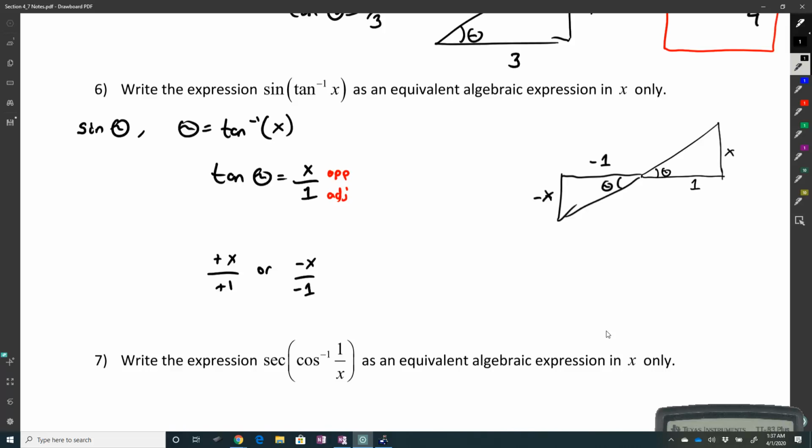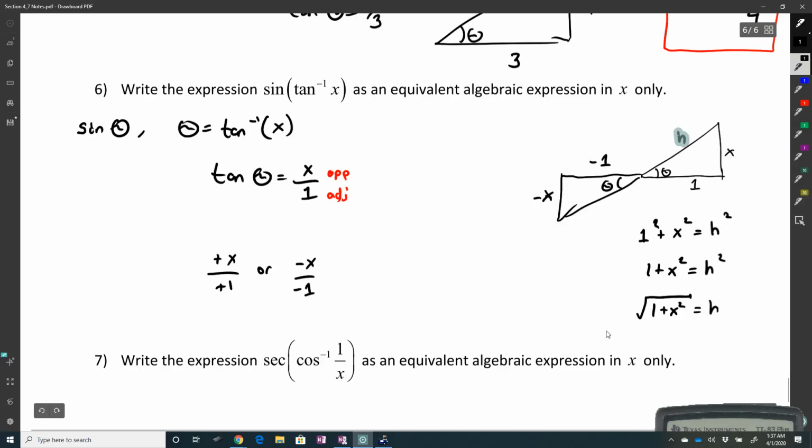So 1 squared plus x squared equals hypotenuse squared. We call it h for hypotenuse. And so that's just 1 plus x squared equals h squared. I can take the square root, and so that's what's going to go for my diagonal.